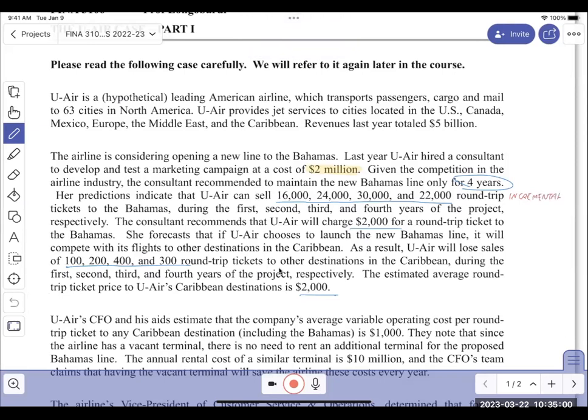In fact, this will be incremental revenues. And these lost sales will be like a cost, an economic cost of pursuing this project. We're going to refer to it as a side effect of the project. Now, side effects can be positive, and we'll talk about that in a bit, or they can be negative. Now, this is a negative side effect, that you're going to lose sales to other destinations.